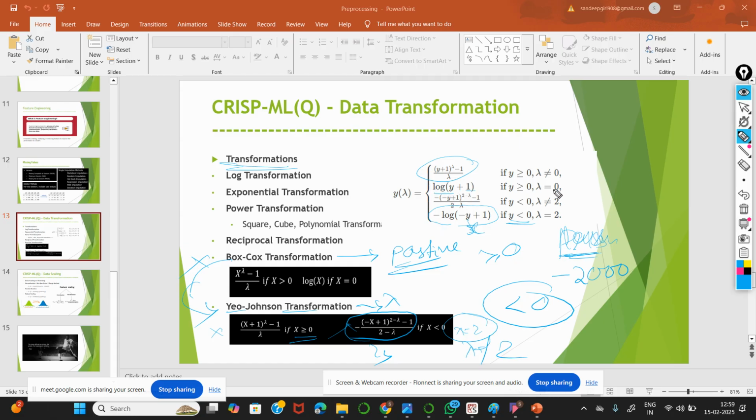If y is less than 0, a negative number, and lambda is not equal to 2, it will use this formula. And if y is negative and lambda is also 2, it will go for this formula. If you want to remember these, that's fine. If you don't, that's also fine, because no one is going to deep dive into these formulas.